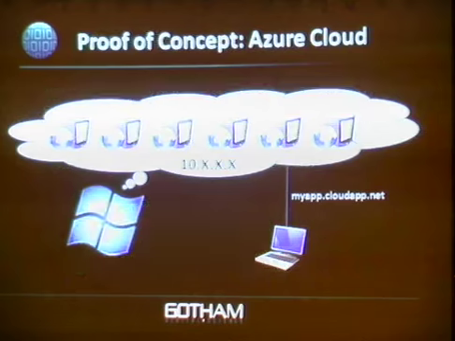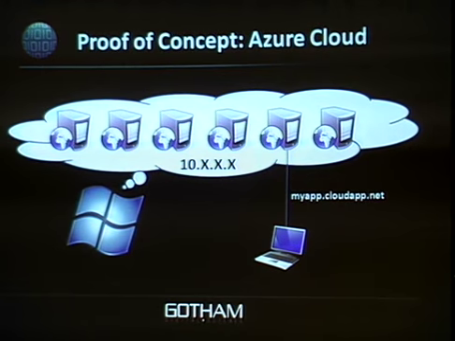To do a proof of concept, I created a web service. It's a standard calculator web service from MSDN, and I deployed it to a VM in the Azure cloud. The way Azure, Microsoft's cloud platform, works is you buy a subscription and publish web services in VMs that get deployed into the cloud.